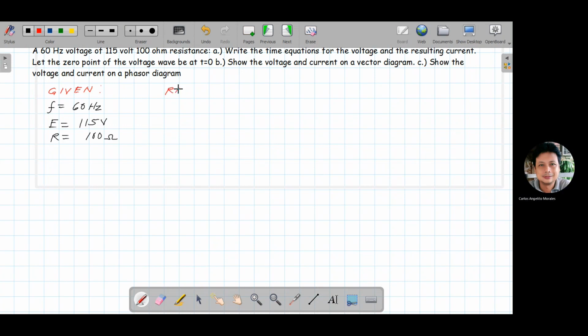Required, letter A, time equation for the voltage and the current.